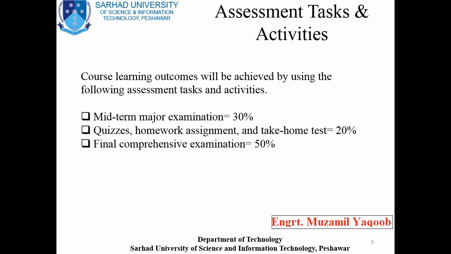The major midterm examination will carry 30% weightage, including both the theoretical part and the lab experiment part, and the final examination carries 50% weightage, meaning out of 100 there will be a 50 marks paper, and quizzes and homework assignments carry 20% weightage. So these are the assessment tasks.